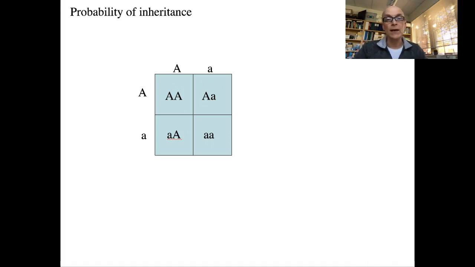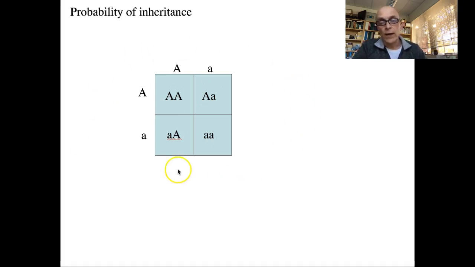If you go to a genetic counselor, for example, they will use probability in order to determine whether or not it's likely that the offspring of a couple that comes in for advice might have a certain trait. Oftentimes that happens when there's a disease running in the family, and so then they want to know what's the likelihood that we pass this on to our children. So let's talk a little bit about how probability of inheritance works.